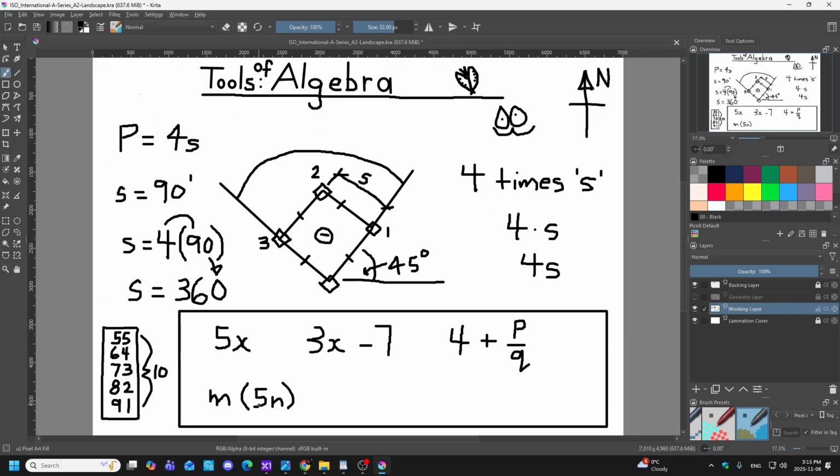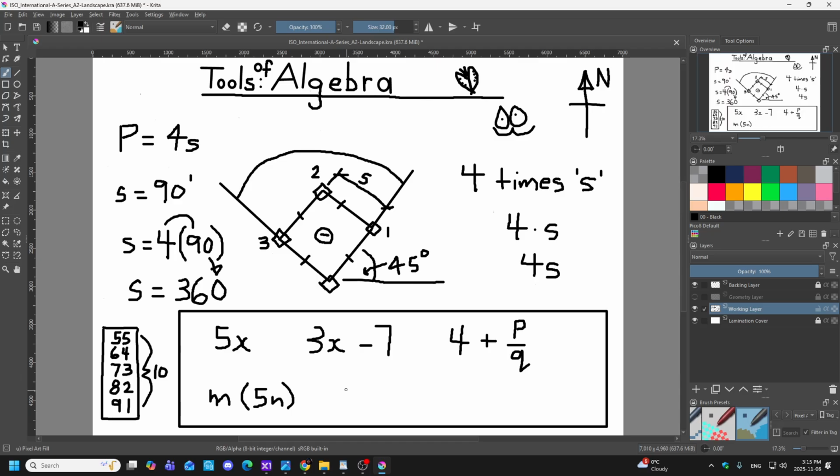M times 5n. Simplified, we could write this as 5mn. Just remember, when multiplying numbers together, it doesn't matter which order the numbers are, you'll always get the same answer. Isn't that the great thing about multiplication? It truly is.